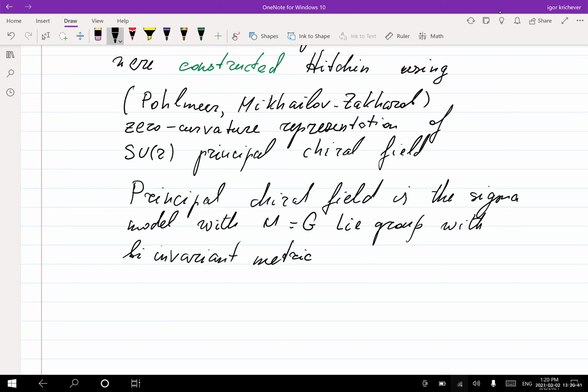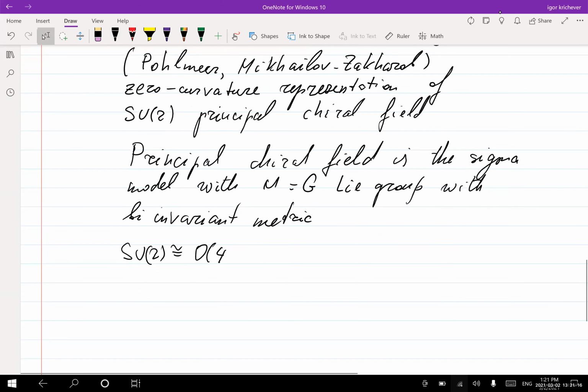And actually, this zero curvature representation is the starting point in all these numerous works, it was central in the study of sigma models. So the equation of motion for SU(2), which is isomorphic to O(4), can be used to construct solutions to the O(4) model.